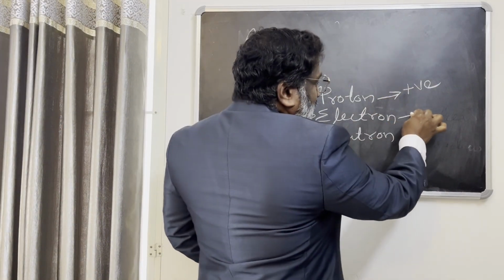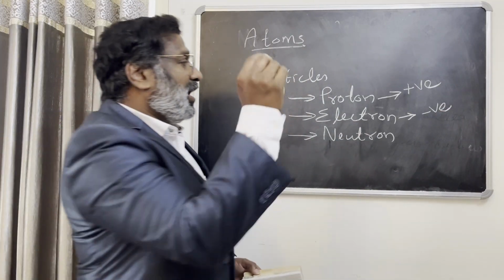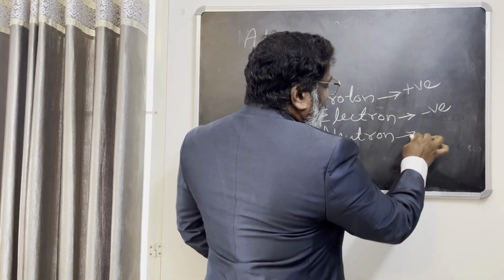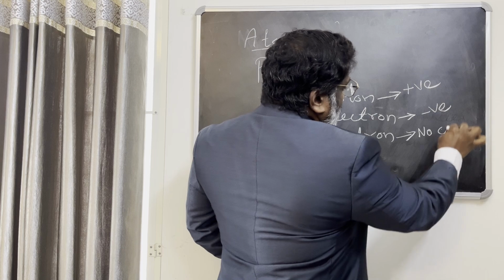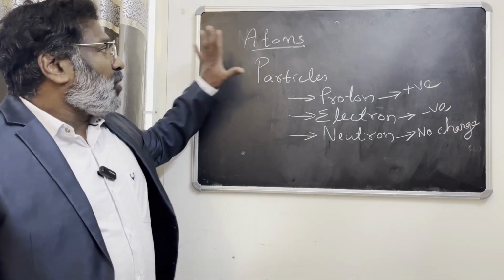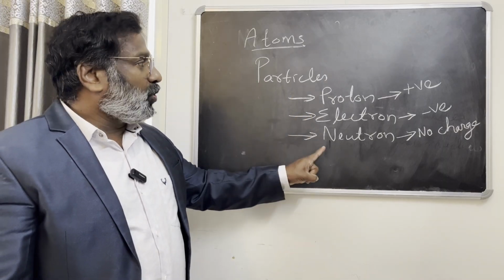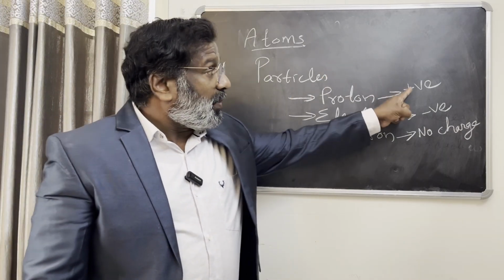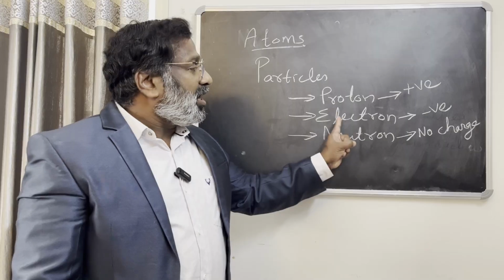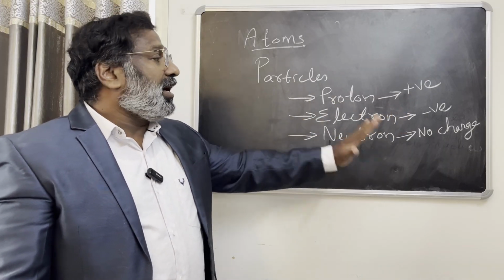The electrons are negatively charged particles, and neutrons don't have any charge. So the protons are positively charged, electrons are negatively charged, and neutrons are neutral particles and don't have any charge.